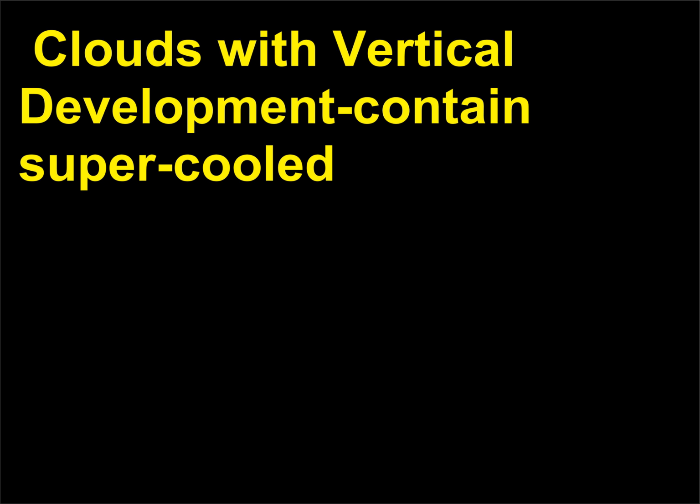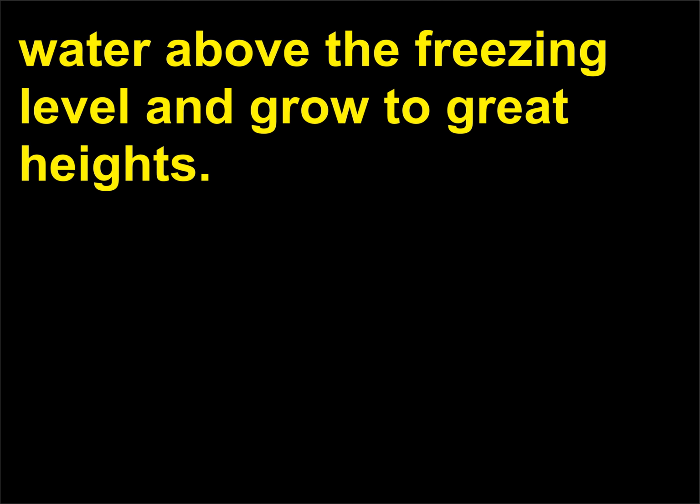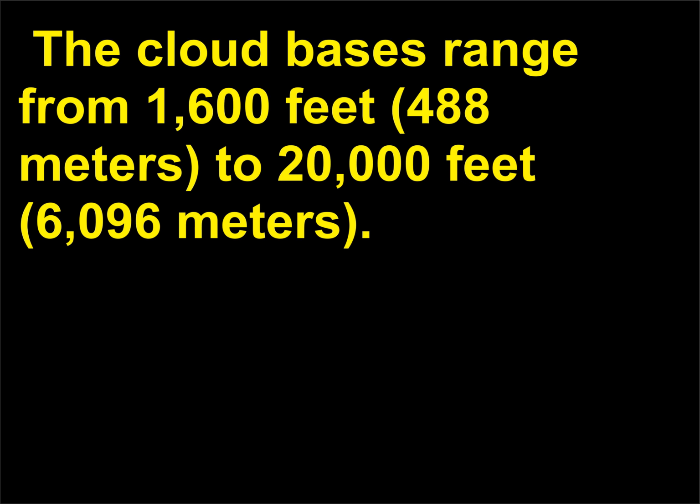Clouds with vertical development contain supercooled water above the freezing level and grow to great heights. The cloud bases range from 1,600 feet, 488 meters, to 20,000 feet, 6,096 meters.